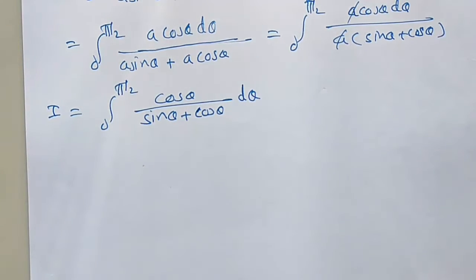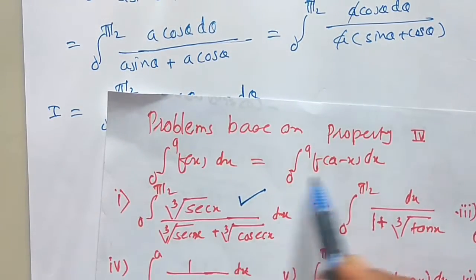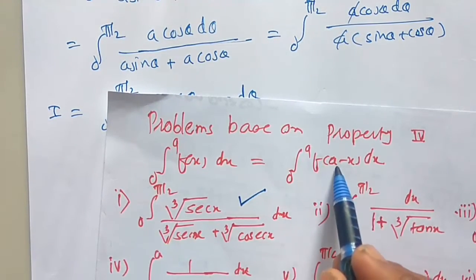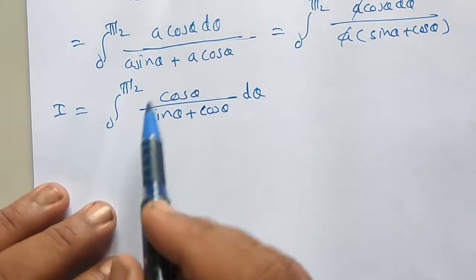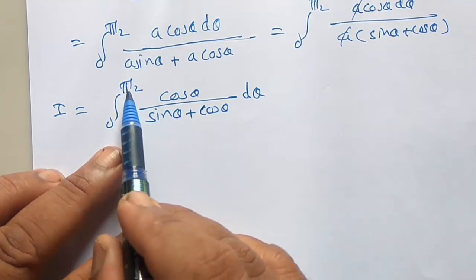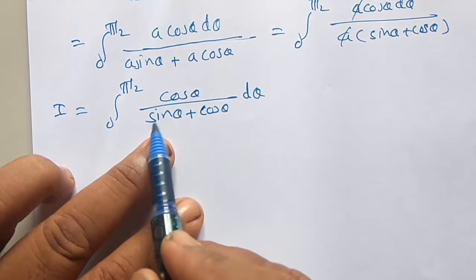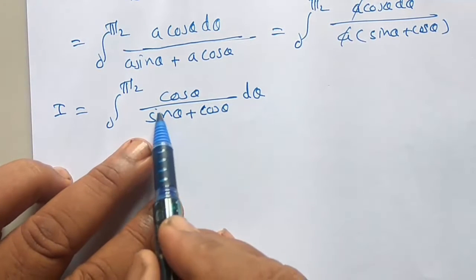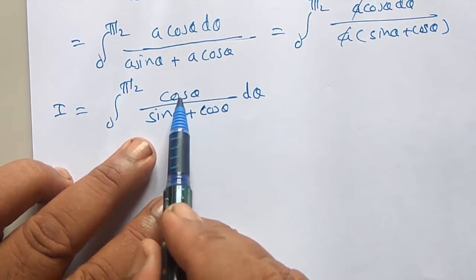Now we use the fourth property, integration 0 to a f of x dx is equal to 0 to a f of a minus x dx, because by replacing theta by pi by 2 minus theta, sin changes to cos, cos changes to sin, so the denominator remains the same, only the numerator changes.